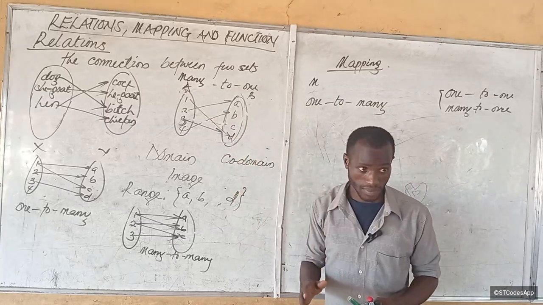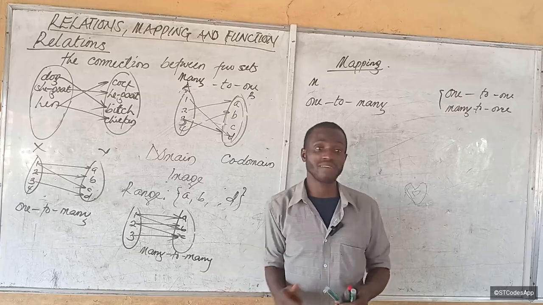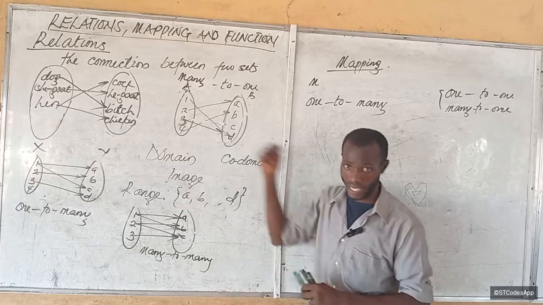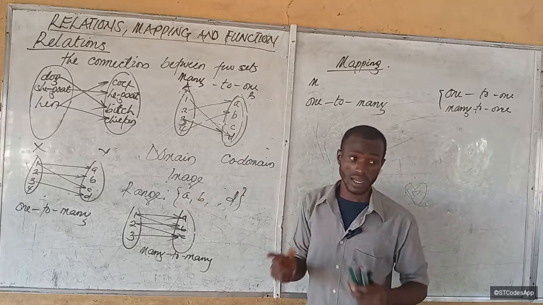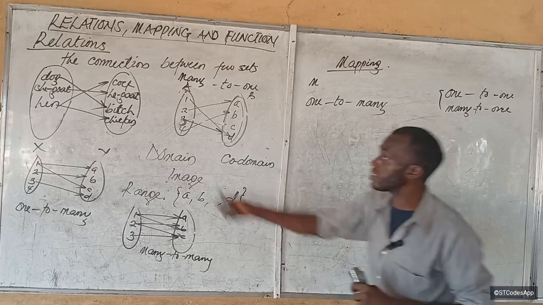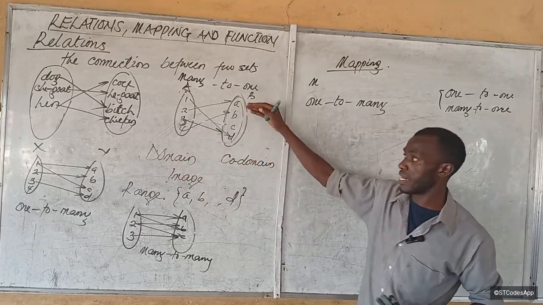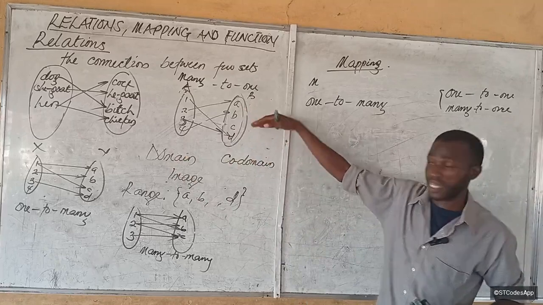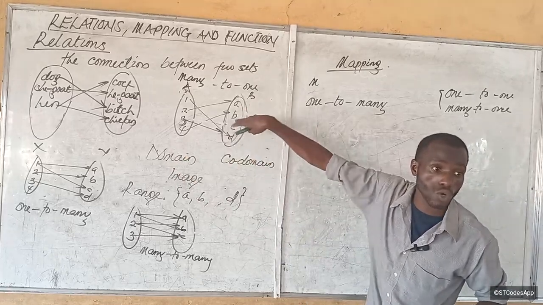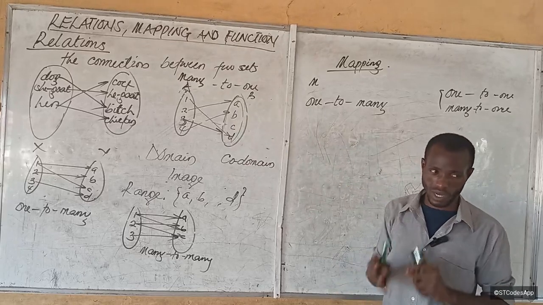Mapping. But if there is an element in the domain that doesn't have an image in the codomain, then it is not what? It is not mapping. Or when one member of the domain has many images in the codomain, it is what? Not mapping too. Do we understand?